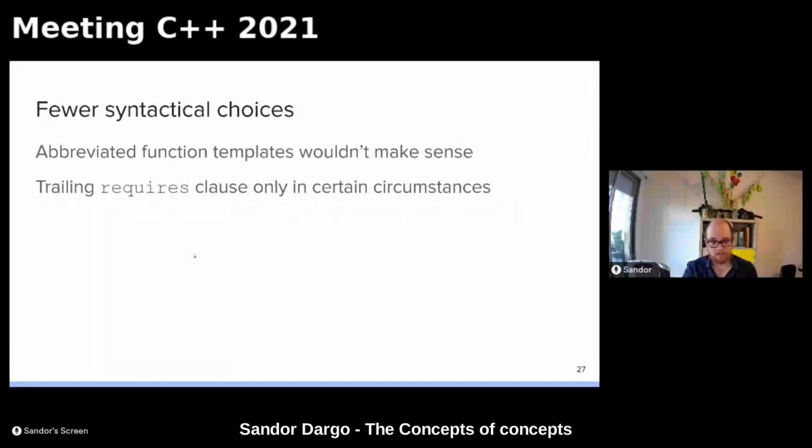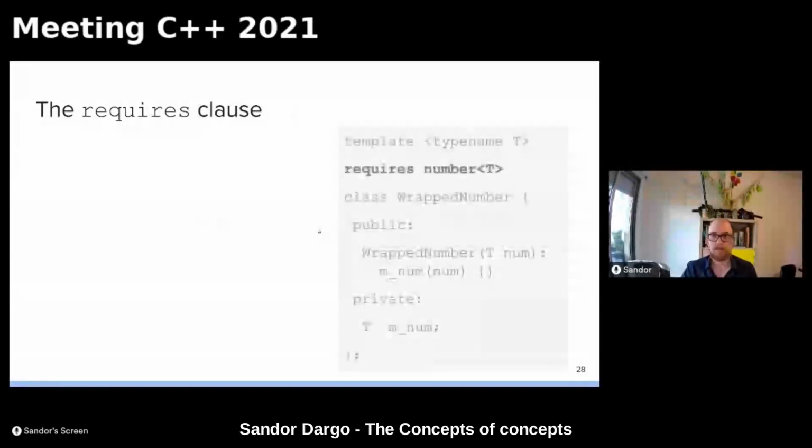But when you want to constrain your class itself as a whole, it doesn't really make sense to use a trailing requires clause. One, it's impossible. Second, why would you put it at the end of possibly a long class? So what we have is the requires clause.